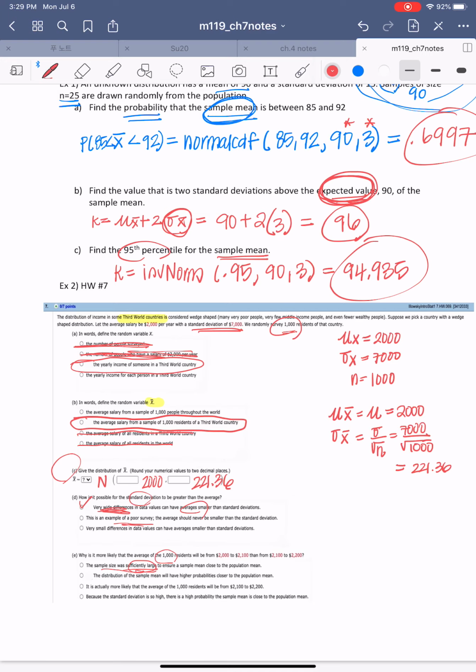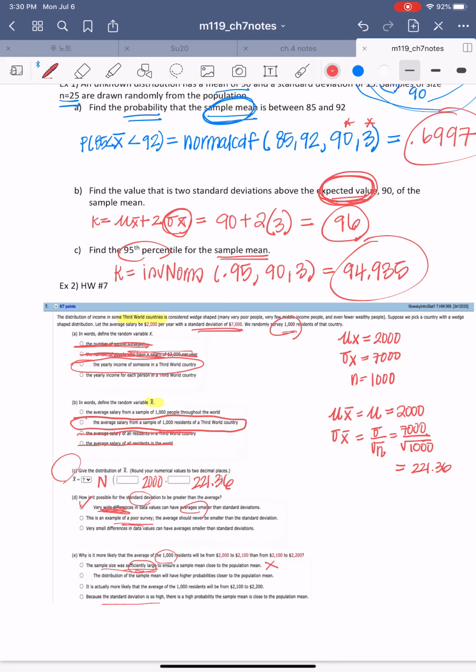You cannot assume all those extra things if you're not given them. So I can eliminate this. I don't know. Maybe 1,000 was sufficiently large or maybe it was not. The number seems big enough, but in comparison to how many third world countries there are and how many residents there are, maybe it could be small. So I'm going to eliminate the first one.